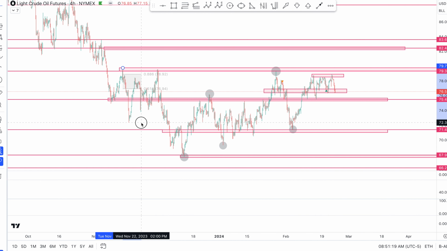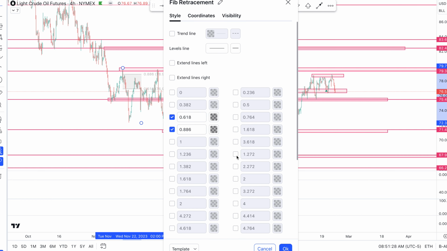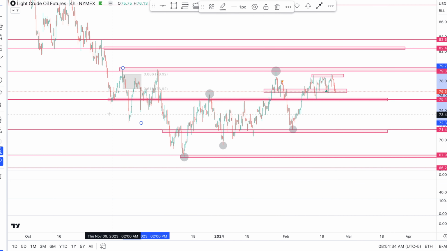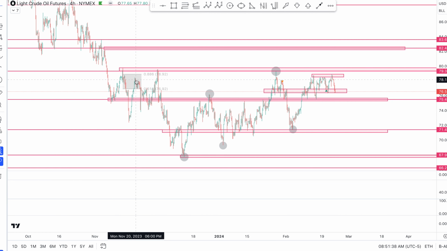So in this case, I've already got a tool that's set for 618 to 886, and it's got a little background highlight on there just so you can clearly see that zone. So you can see crude oil came down, then it bounced all the way up almost to the 886.